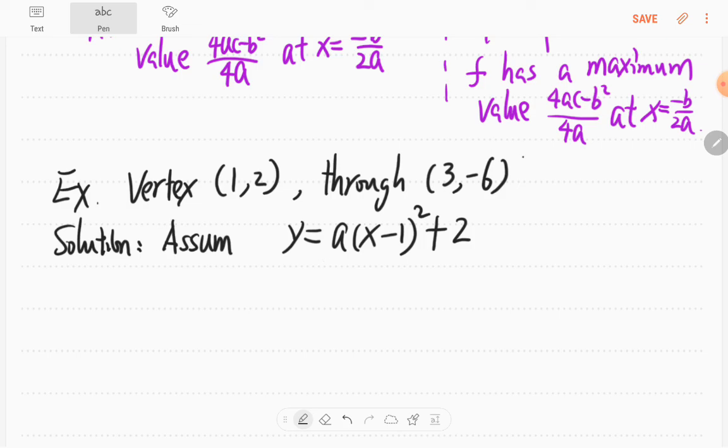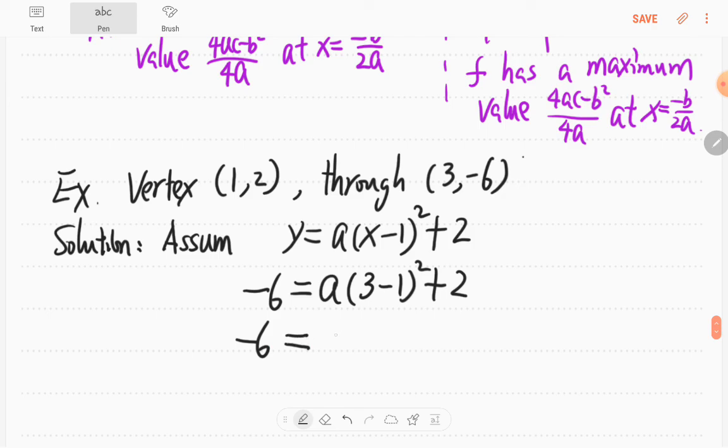However, we know this function goes through the point (3, negative 6). In other words, when x equals 3, y must be negative 6. So we plug in 3 and negative 6: negative 6 is equal to a times (3 minus 1) squared plus 2, which is a times 2 squared, which is 4a, plus 2.